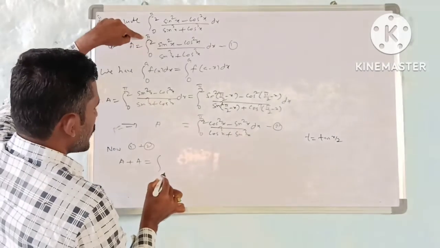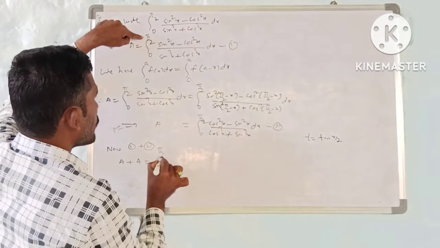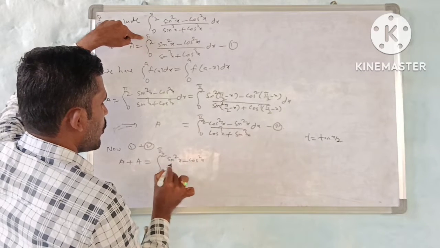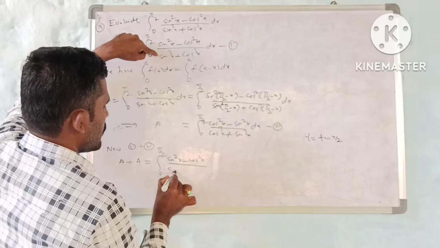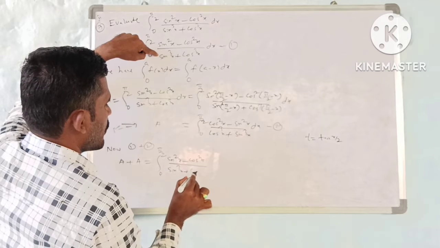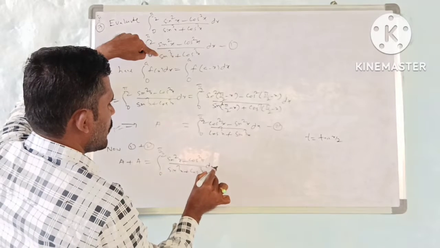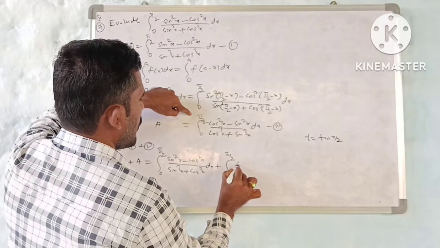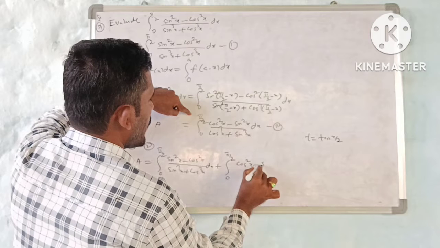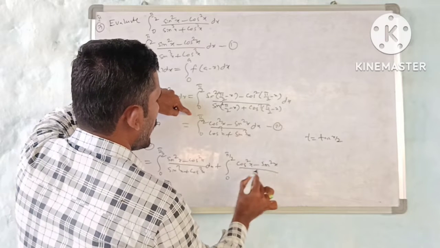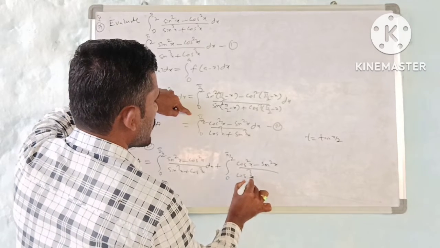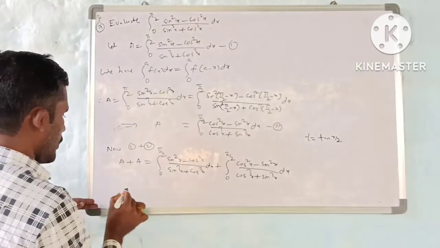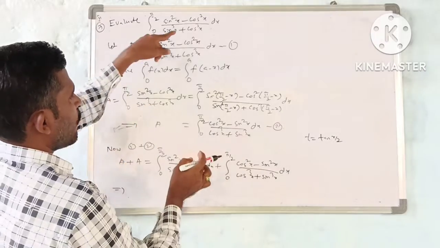The first equation's right side is the integral from 0 to pi by 2 of (sin square x minus cos square x) whole by (sin cube x plus cos cube x), plus the integral from 0 to pi by 2 of (cos square x minus sin square x) whole by (cos cube x plus sin cube x). This is 1 plus 2 only.